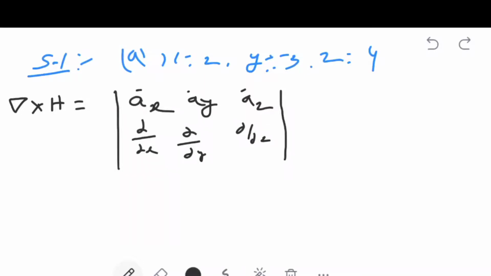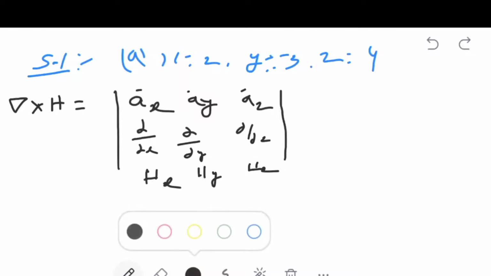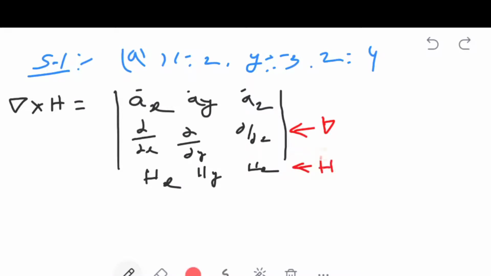After that, hx, hy, hz. This is known as del, where del means partial differentiation, and this is known as H bar. Here hx, hy, hz are the components.